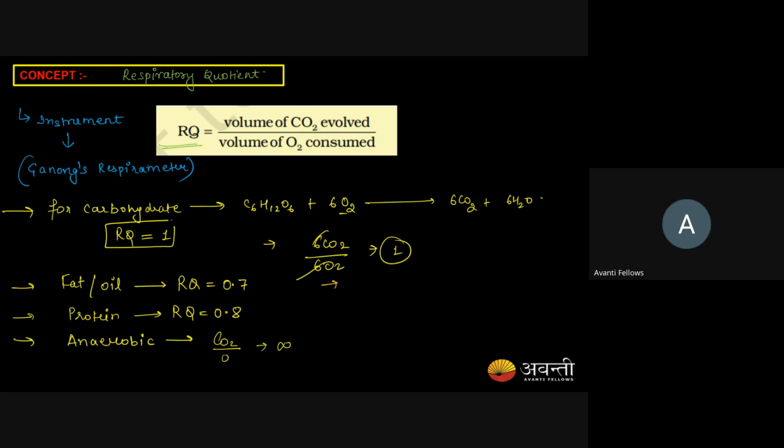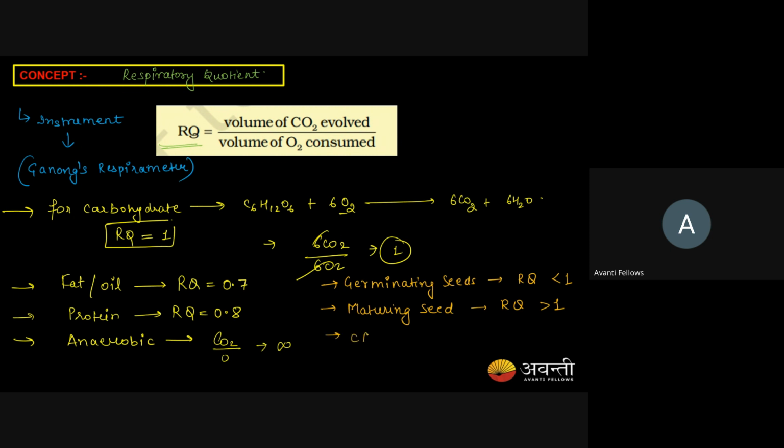Then if we also calculate it for germinating seeds, RQ is less than 1. And for maturing seeds, RQ is more than 1, because in this case more CO2 gets produced.